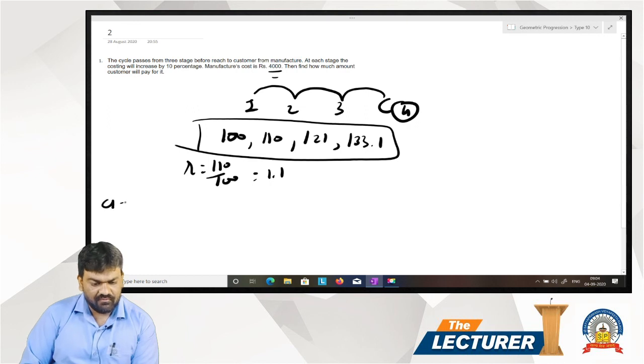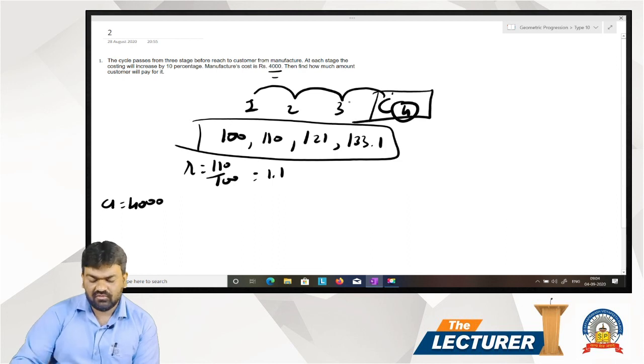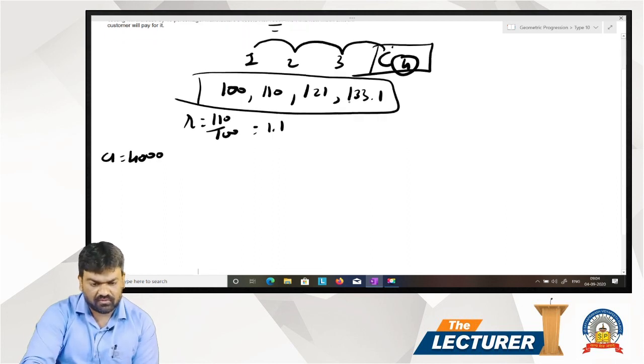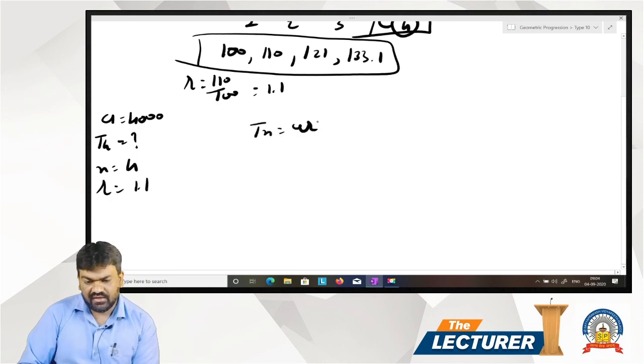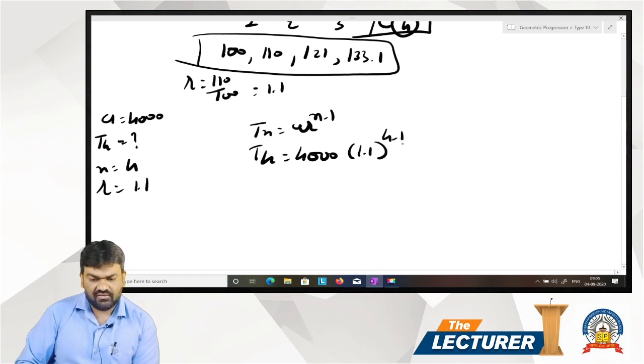So a is given, 4,000. What is the stage of customer? That is 4. So we have to find out T4. n is equal to given 4. r is equal to we already found, that is 1.1. Tn is equal to a r raised to n minus 1. T4 is equal to 4,000 times 1.1 raised to 4 minus 1.